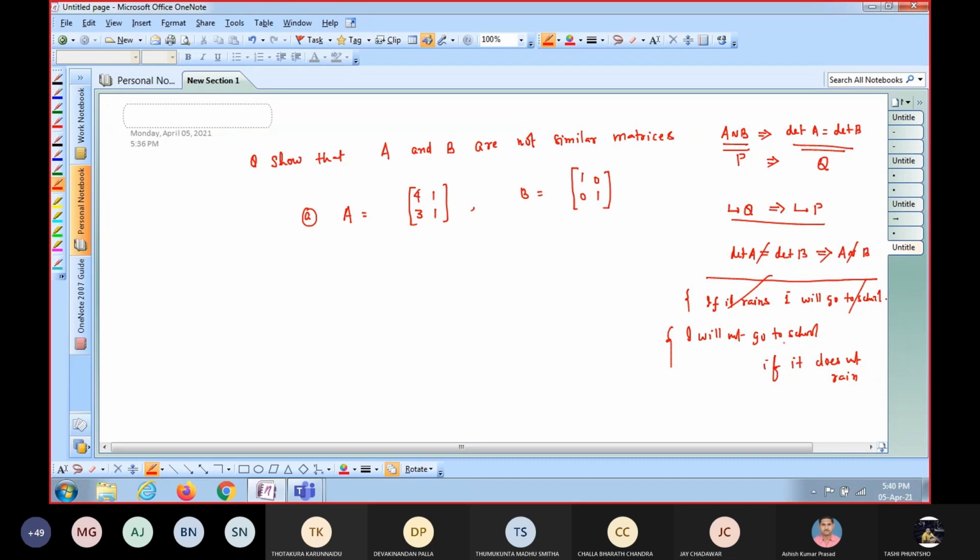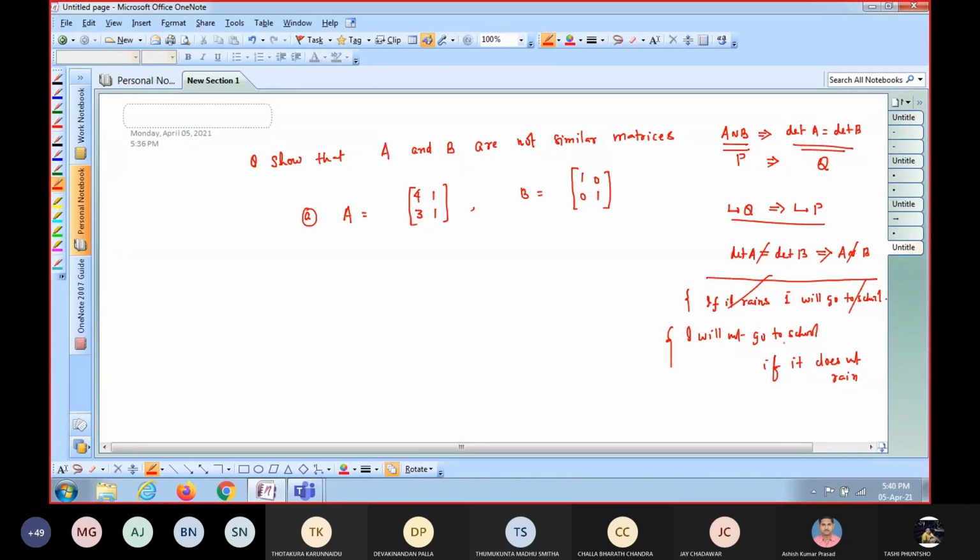Right? So what I am doing here, see, we have to show that A and B are not similar matrices. If you want to show this, then what you do? Either you prove determinant of A is not equal to determinant of B, right?